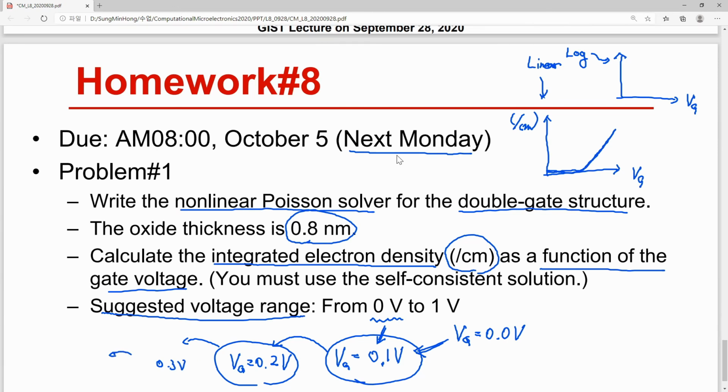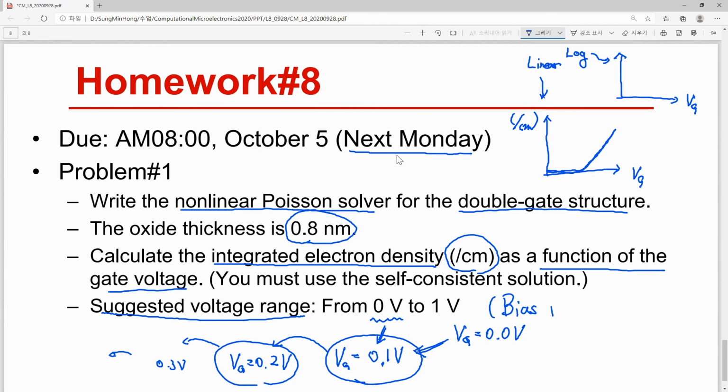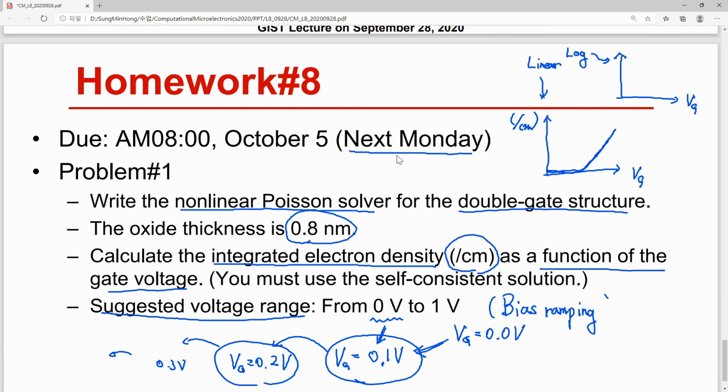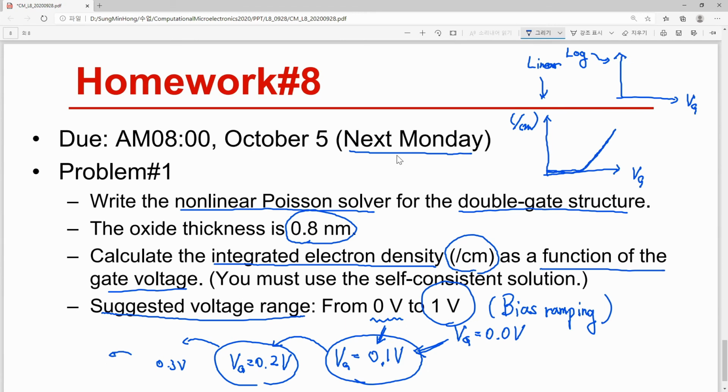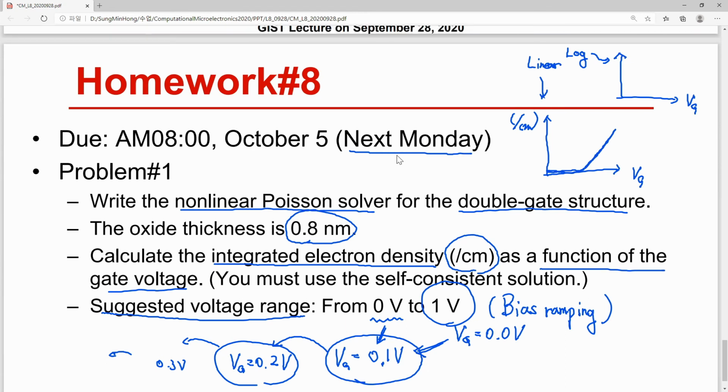This procedure is called bias ramping, and this is quite important for realistic implementation. You cannot directly achieve your final bias point. So unfortunately, you have to introduce many intermediate steps to your final target bias voltage. Then you have to solve many intermediate steps. So please do so. Don't try to solve 1 volt directly.